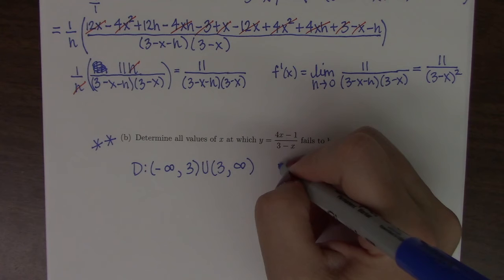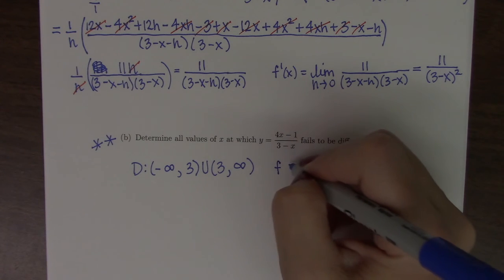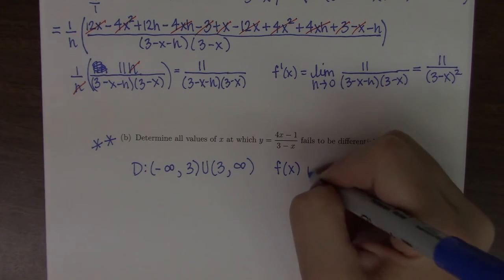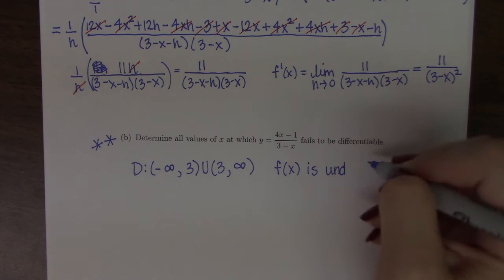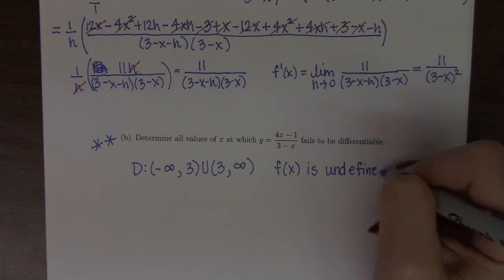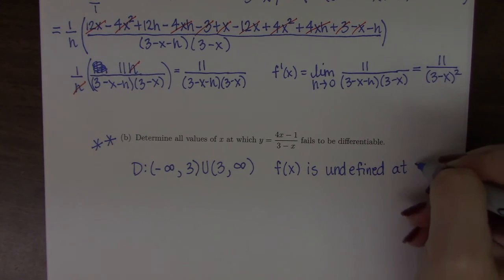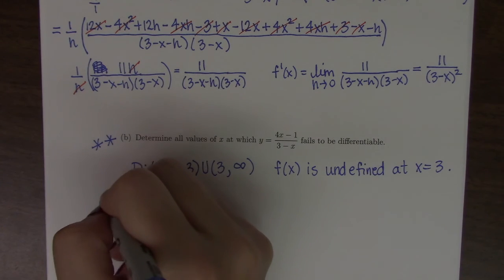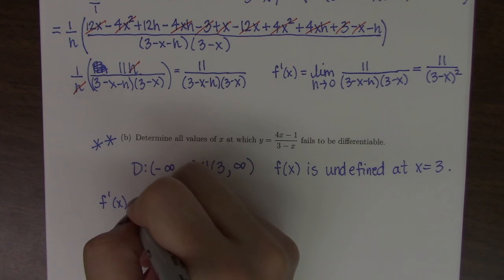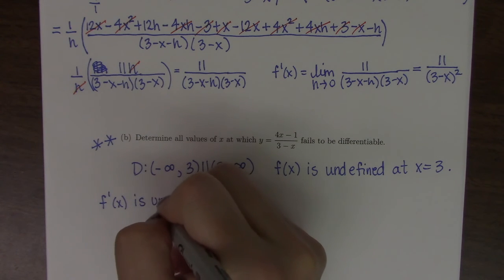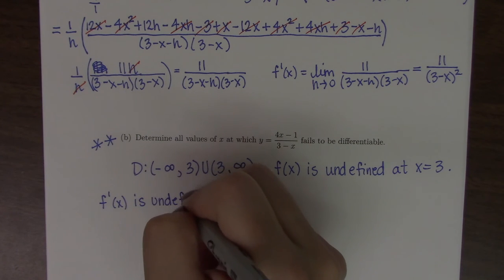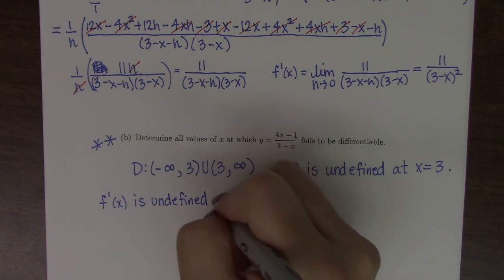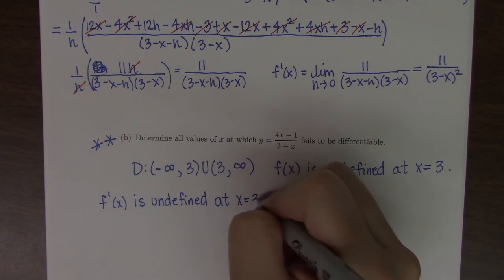So we would say that, right, f of x is undefined at x equals 3. That means f prime of x is undefined at x equals 3.